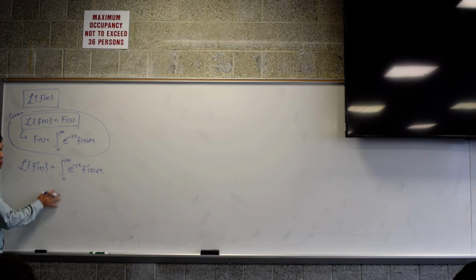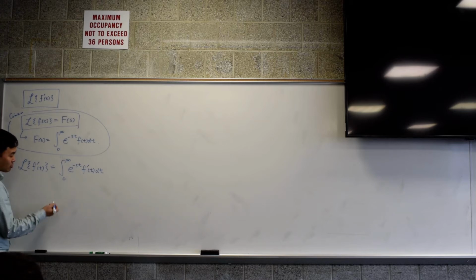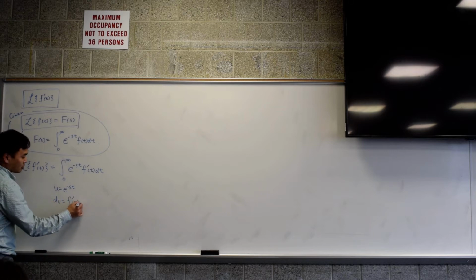Now, let me show you the integration by parts in two ways because we're so used to the tabular method. Maybe if I do the original integration by parts, it might throw you off. But let me show you the integration by parts in the original way first. So you take u as e to the negative st and dv as f prime t dt.